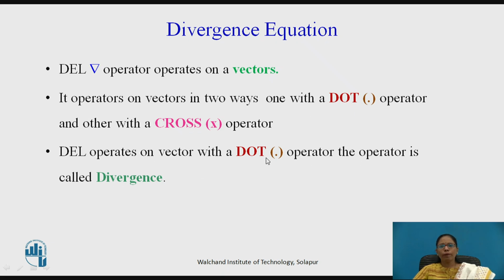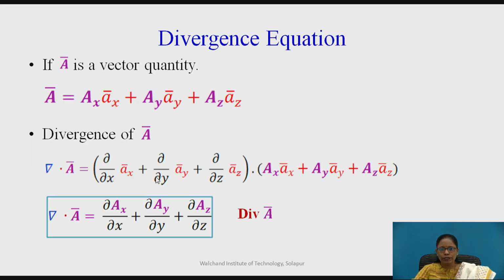When the del operator operates with a dot, the operation is called as divergence. As I am operating the del on a vector, let us assume the vector a bar as ax bar, ay bar plus az bar. So let us find out divergence of a bar, that is del dot a bar. So here I have put del in between a dot and this a bar which I have assumed. So there is a dot product between these two.